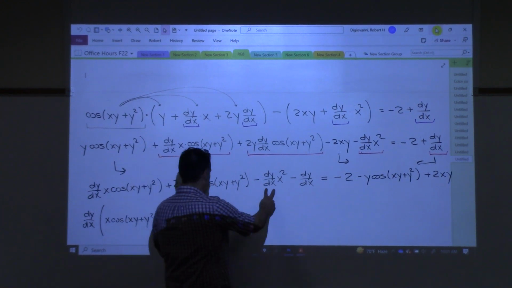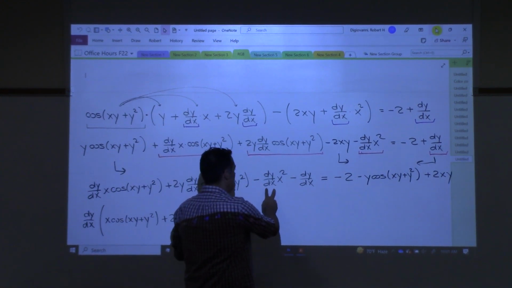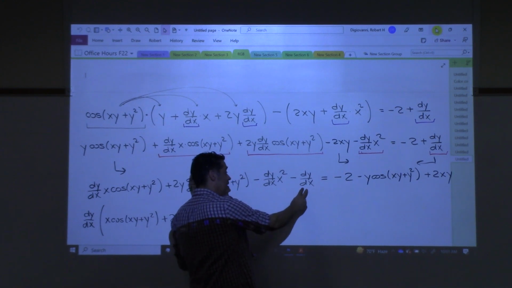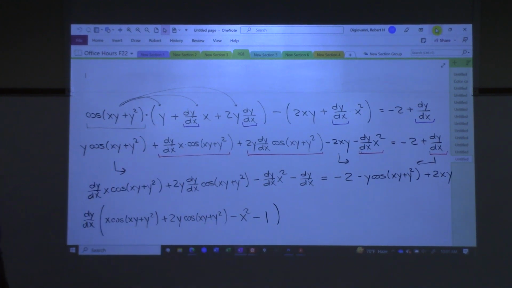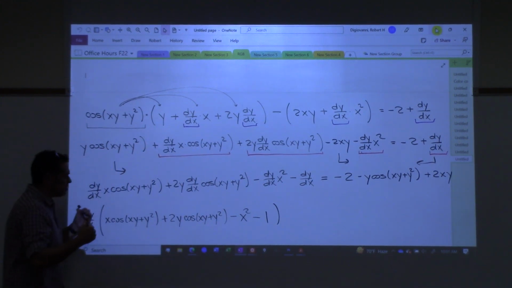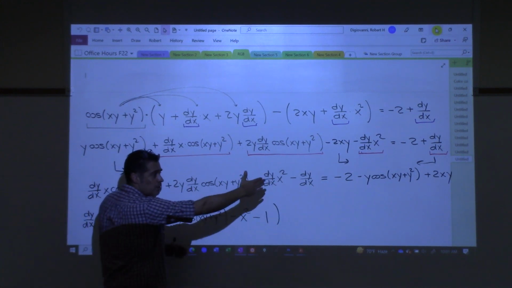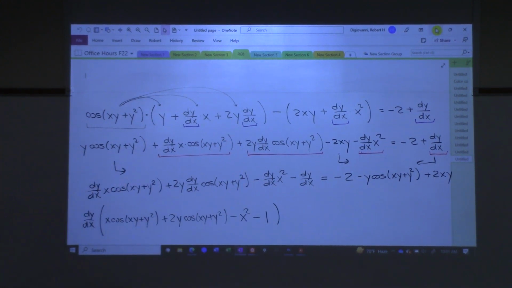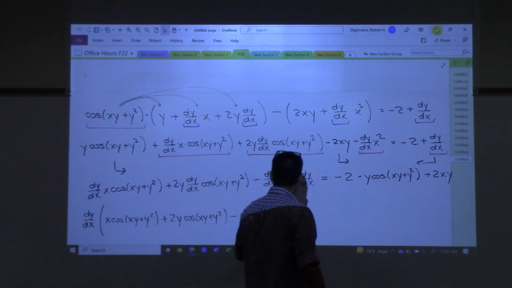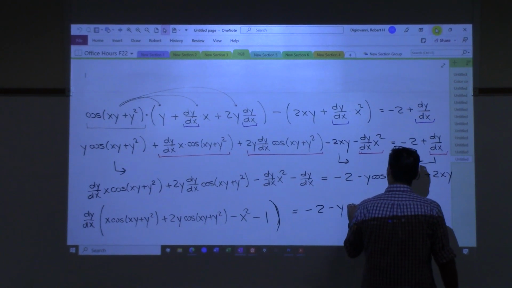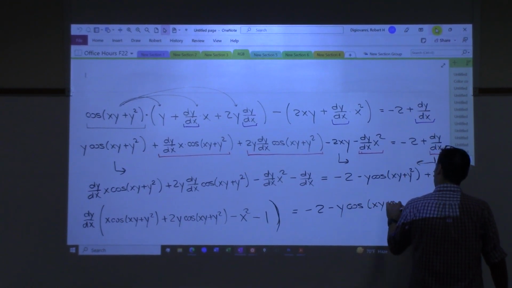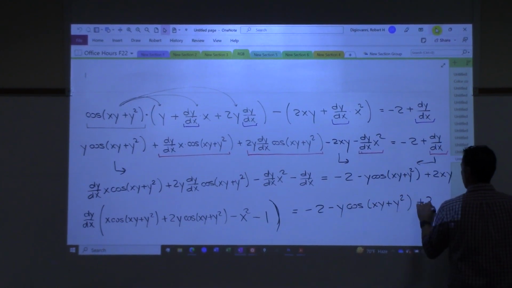And when I pull dy dx out of that, I get minus x squared. And when I pull dy dx out of this, I get what? Minus 1. Don't forget it's minus 1. Don't just say, oh, it goes away. It's minus 1, because you would have to be able to distribute this back and get all 4 terms, right? And that equals the right-hand side, negative 2 minus y cosine of xy plus y squared plus 2xy.